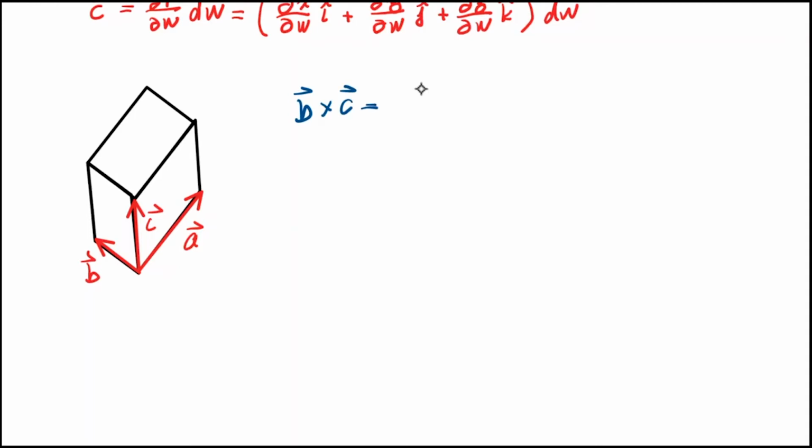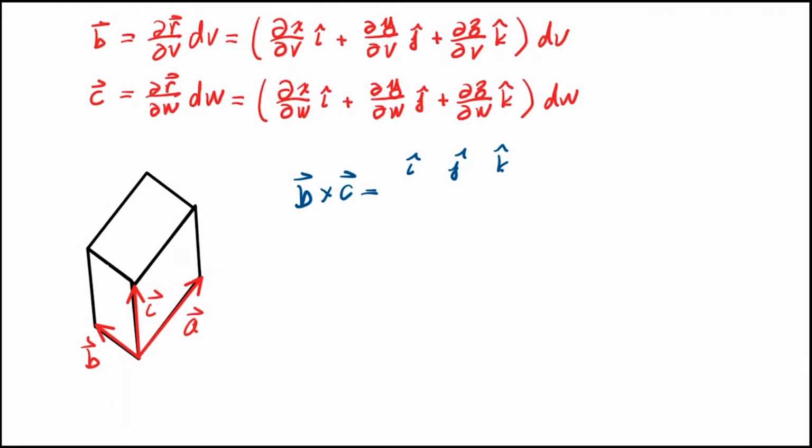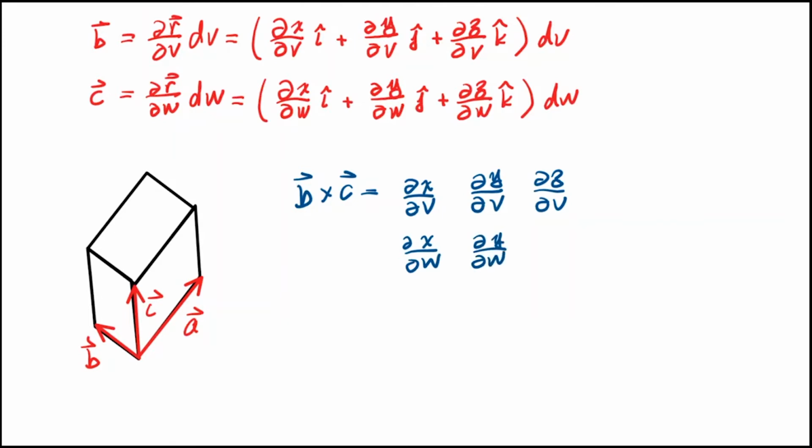And B cross C, of course, is i, j, k, and where's B and C? Oh, there's B and C. I need a lot more space than that, so I'm going to write these first. Partial x, partial v, partial y, partial v, and then partial z and partial v, and underneath I have partial x, partial w, partial y, partial w, and partial z and partial w.